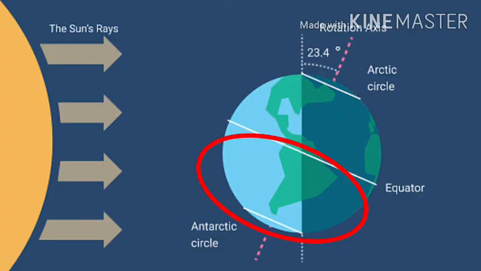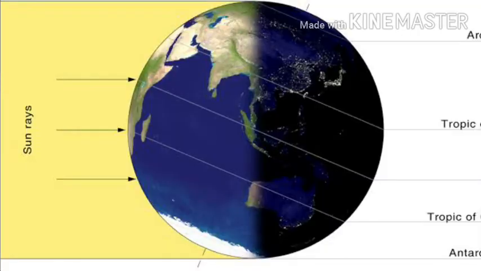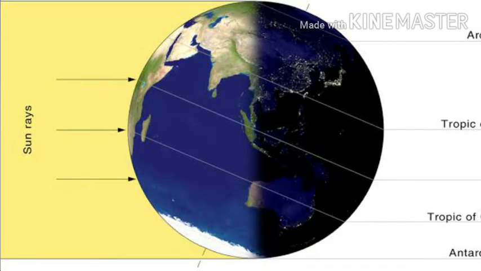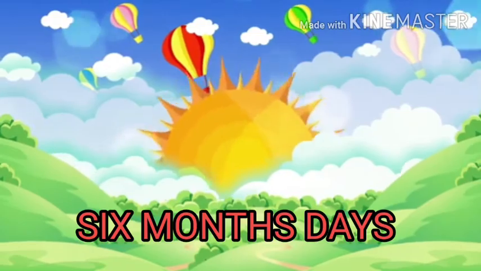And when the southern hemisphere is tilted towards the Sun, it gets direct sun rays for the maximum time compared to the northern hemisphere. That's why in the southern hemisphere during this time the duration of day is longer and the duration of night is shorter, and the South Pole has continuous day for 6 months, because it receives continuous sunlight.